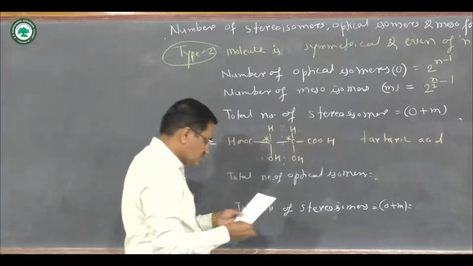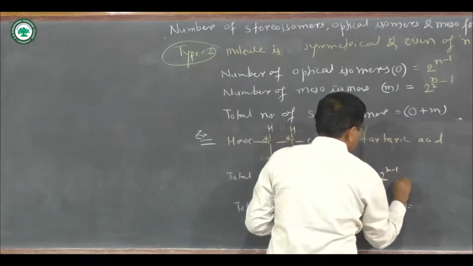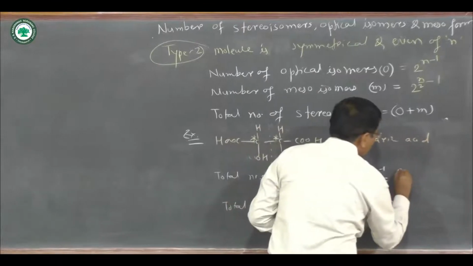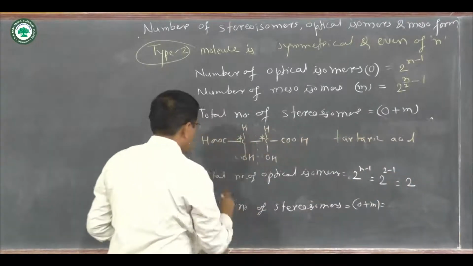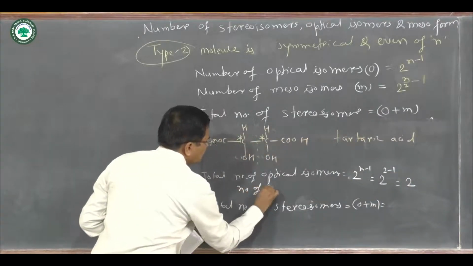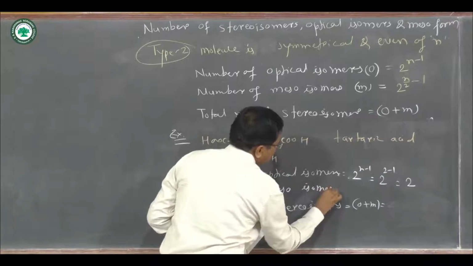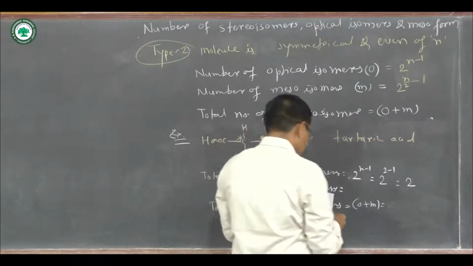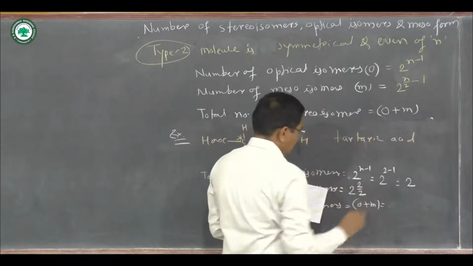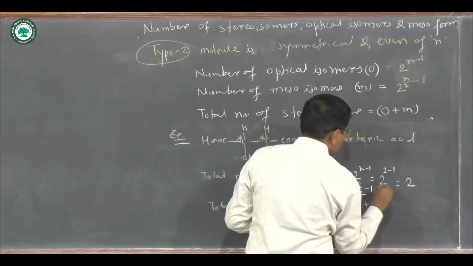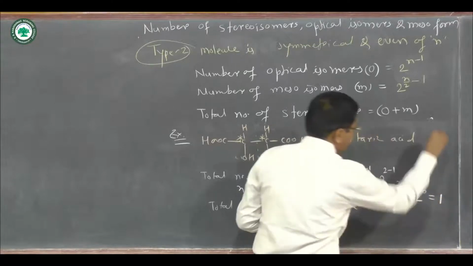Now we put the values here. 2 to the power n minus 1, and there are 2 chiral centers, so 2 to the power 1, which equals 2. The number of meso isomers equals 2 to the power (2 by 2 minus 1), which is 2 to the power 0, so it becomes 1.